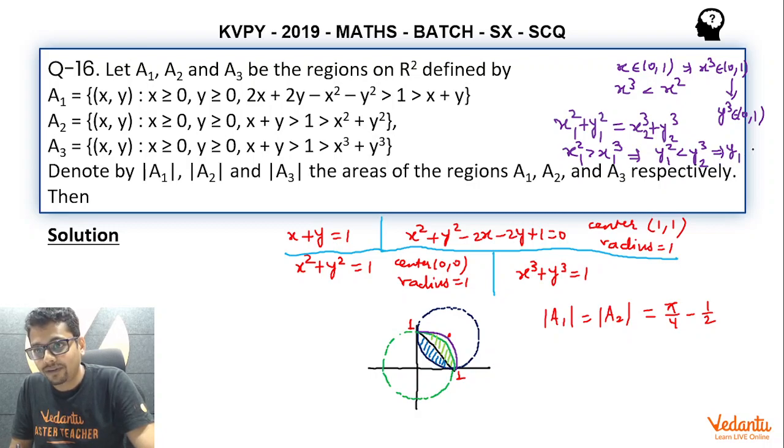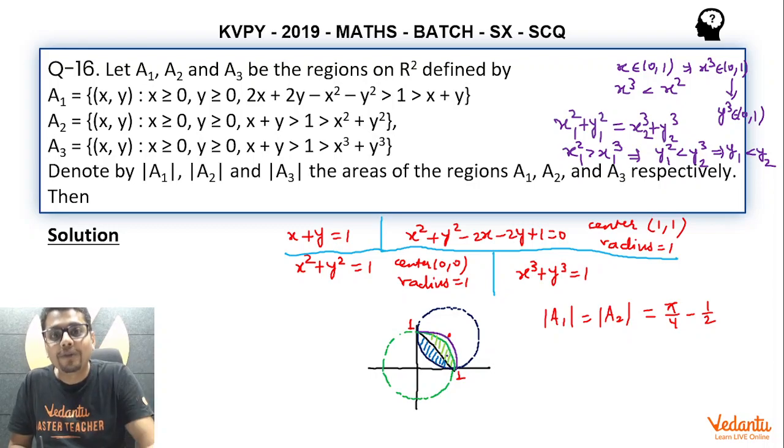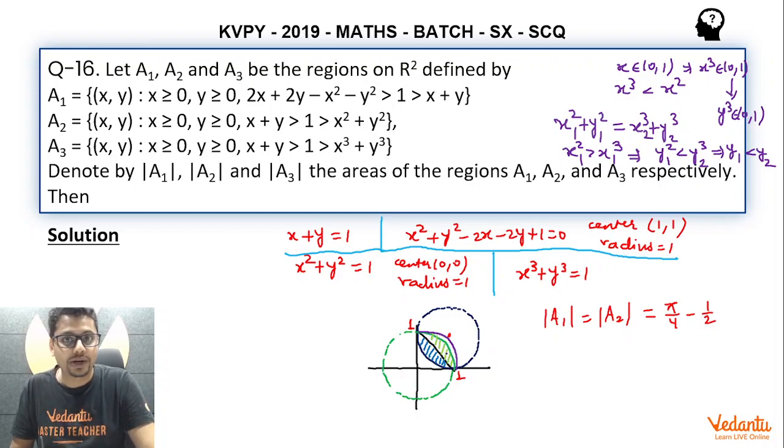So that means y1 is supposed to be less than y2. So y2 is supposed to be greater than y1. So for a given x equal to x1, y2 will be greater than y1. That means the point on this curve x cube plus y cube equal to 1 will be above any given point having the same x coordinate, falling on x square plus y square equal to 1.